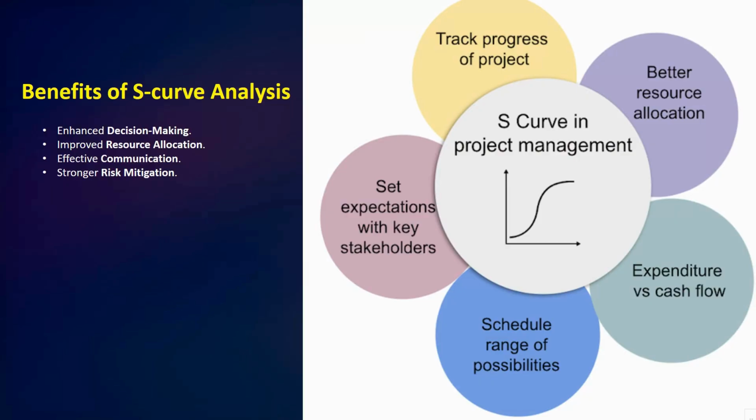Third, it ensures effective communication, since the S curve is a simple visual tool that stakeholders can easily understand. Last, stronger risk mitigation, as variances can be detected early and corrective action can be taken before problems grow.